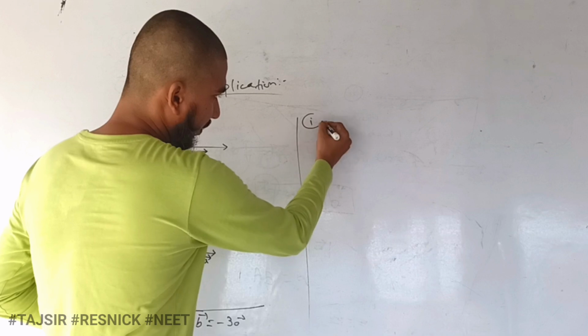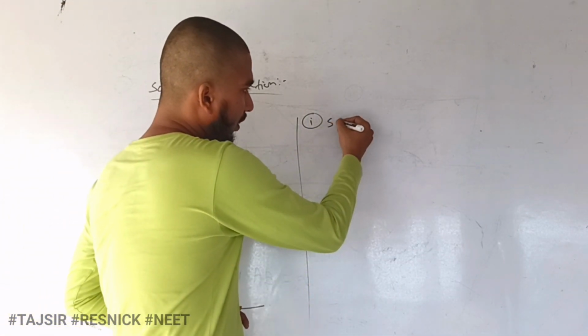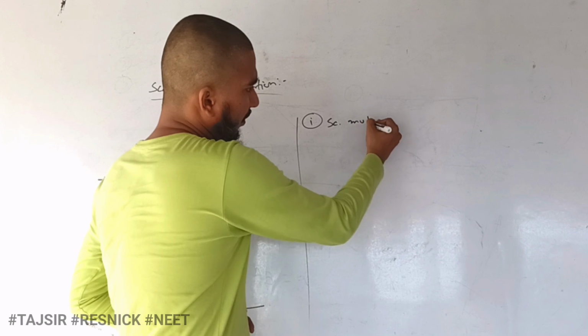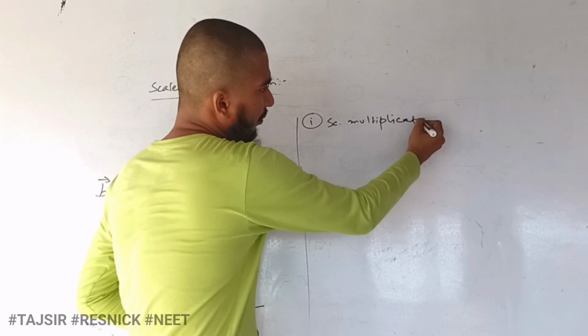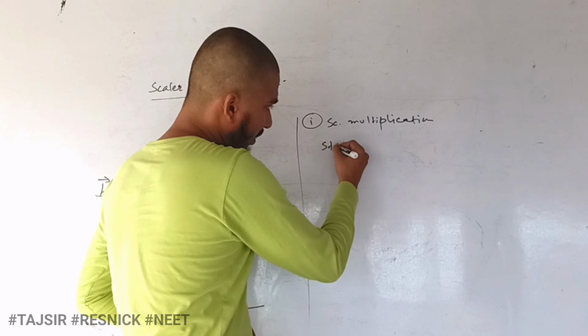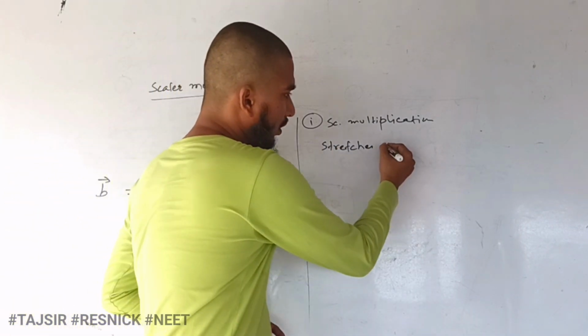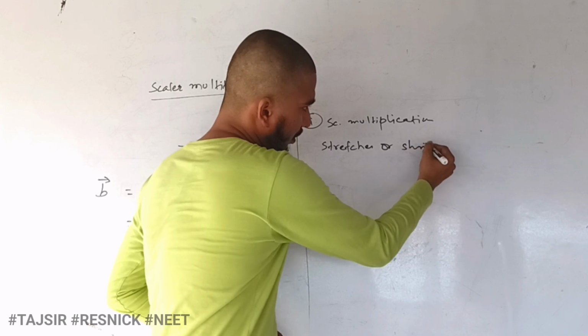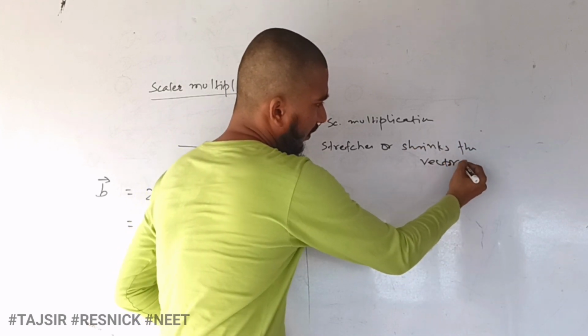Point number 1, scalar multiplication stretches or shrinks the vector.